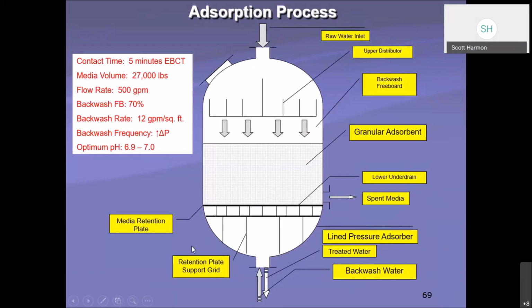So this is just a makeup of this particular type of EBCT. For this one, the media volume is 27,000 pounds. It shows you the flow rate, backwash rate, backwash frequency, and the optimum pH levels. So it's just a diagram of the different mechanical processes and an inside look at what one of these filters may look like.